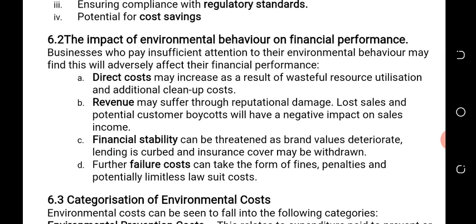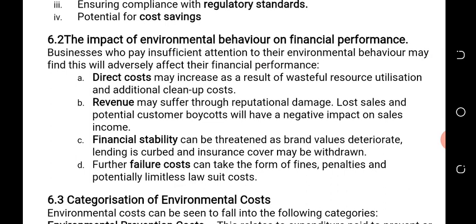Businesses who pay insufficient attention to their environmental behavior may find this will adversely affect their financial performance, because when you don't pay attention to those environmental costs that will affect your production, then the company might have what?